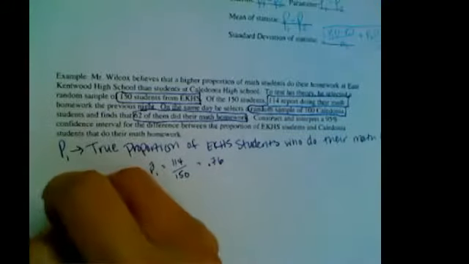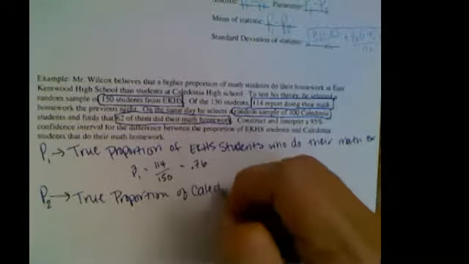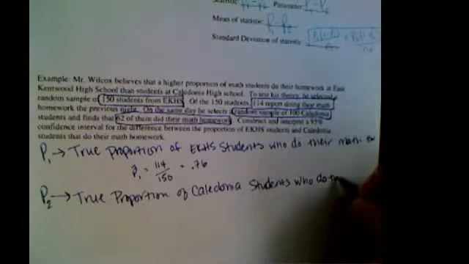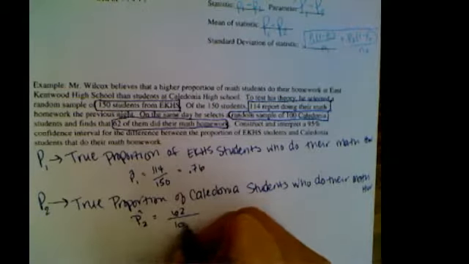Okay. The second population was when we talked about Caledonia. So that's going to be the true proportion of Caledonia students who do their math homework. And again, when we did that one, we got a sample of 100 and there were 62 of 100 that did their homework.